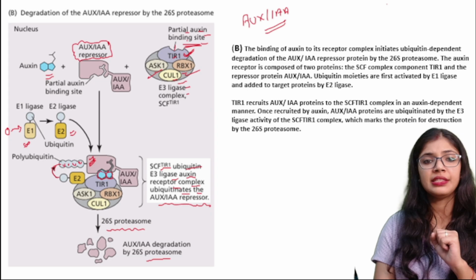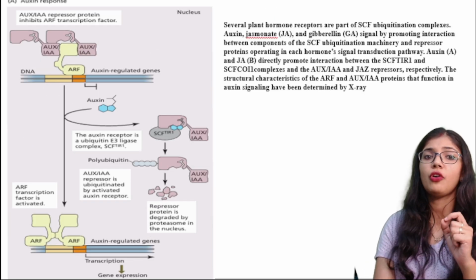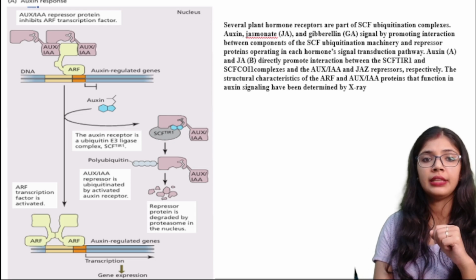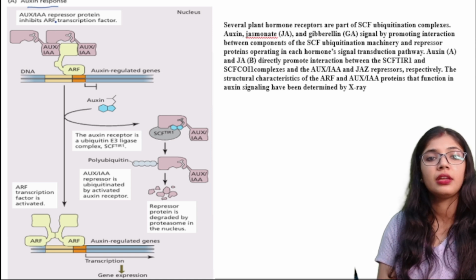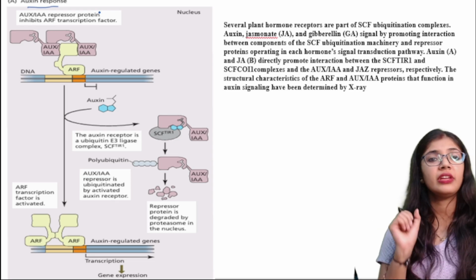Okay, now let us see what is taking place in absence of auxin and what is taking place in presence of auxin. Here there is auxin, and due to the auxin response, the repressor which was present is now being degraded.